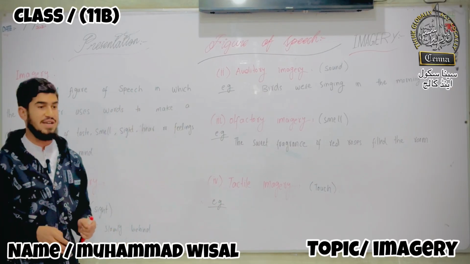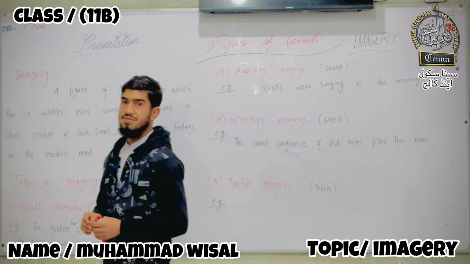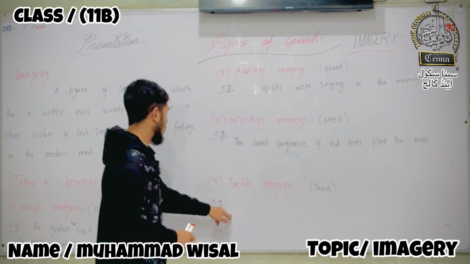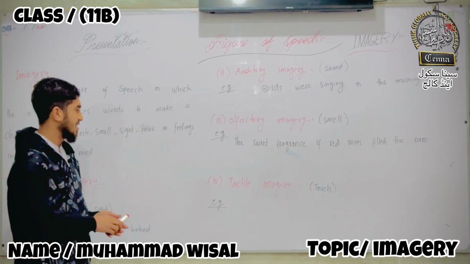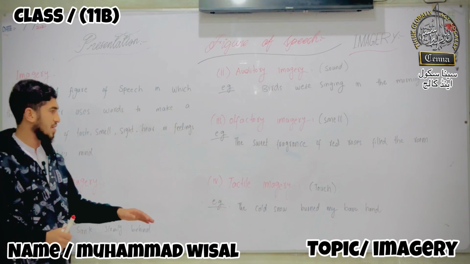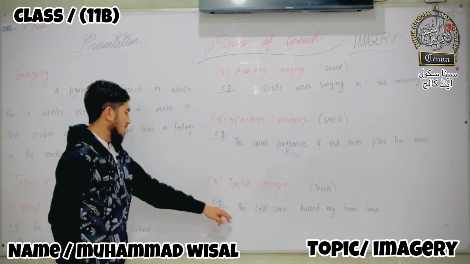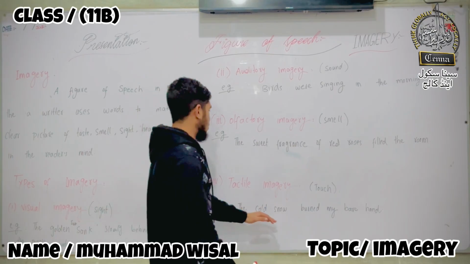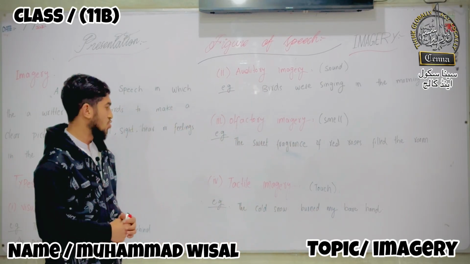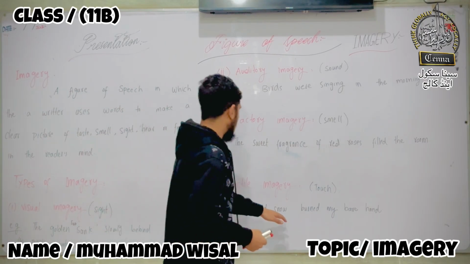Tactile imagery shows how something is soft, how something is hard to touch. I wrote the example that the cold snow burned my bare hand. So it shows the softness or the hardness of the cold snow.